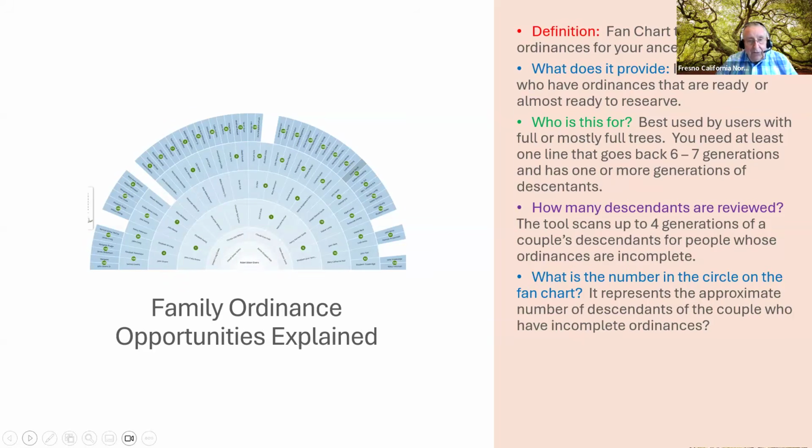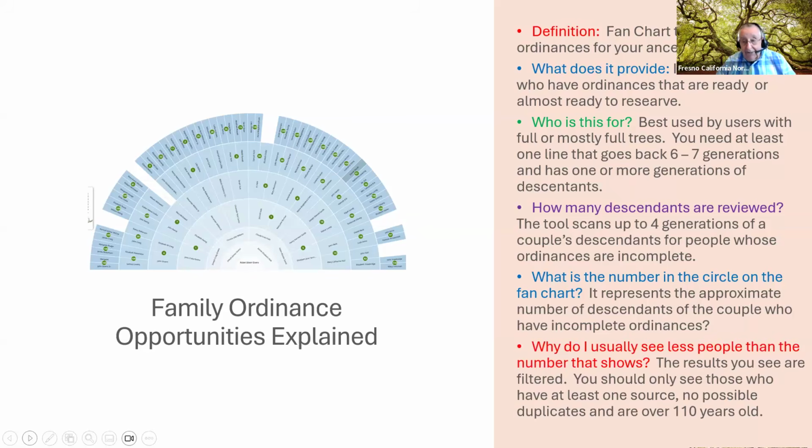Now, I think one of the reasons there's a disconnect between the number and what you will see is that you're only going to see down 4 generations, and this number, I think, will take you all the way down to the present. So if it says there's 100, you're never really going to see 100, because some of those will be people that are more recent. And so I've kind of explained that here.